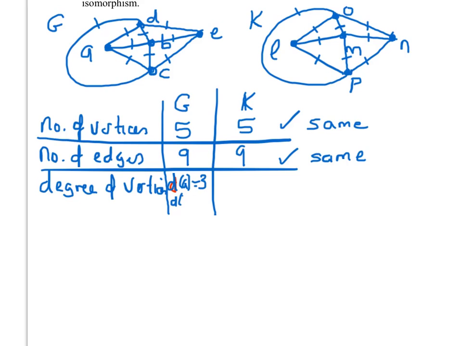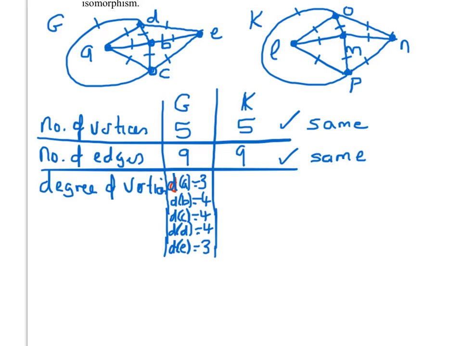The degree of B is equal to 4. The degree of C, you can see very clearly, is 4 as well. The degree of D is equal to 1, 2, 3, 4 again. And lastly, the degree of E is equal to 3.